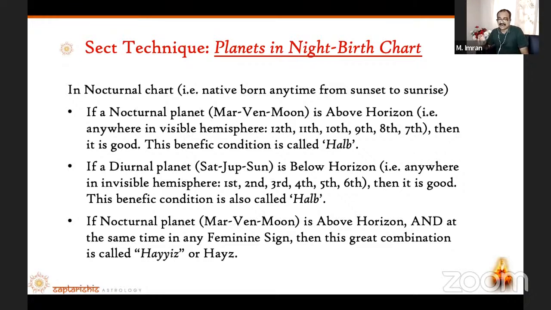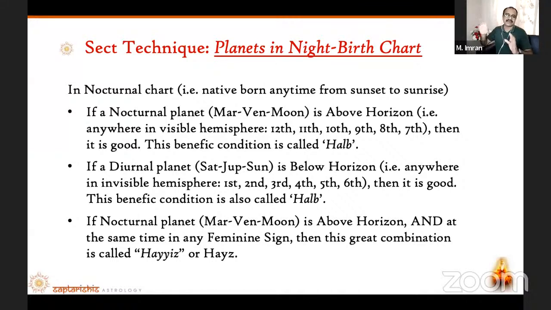Moon anywhere in the visible hemisphere in a night chart. If you are born at night and the Moon is even in the eighth house, the worst place for the Moon, suppose you are born at midnight, 12 a.m., and you have the Moon in the eighth house, this is somewhat good.